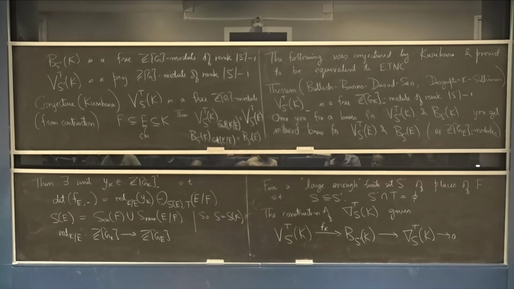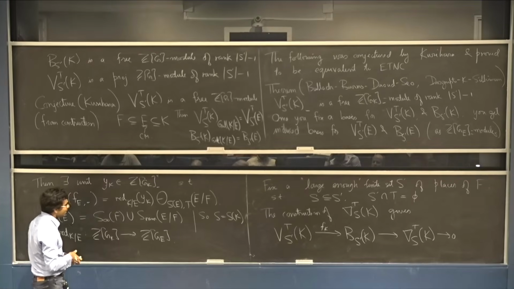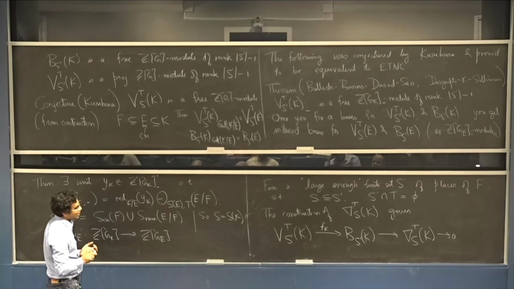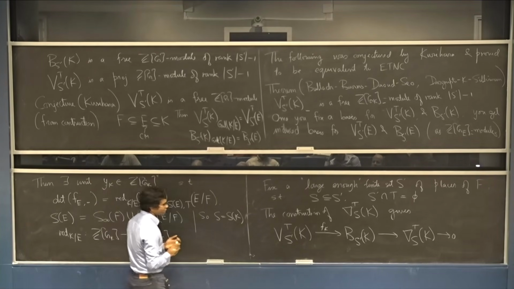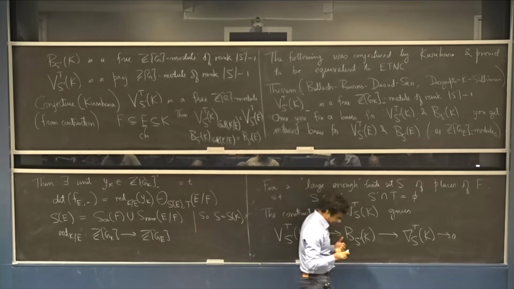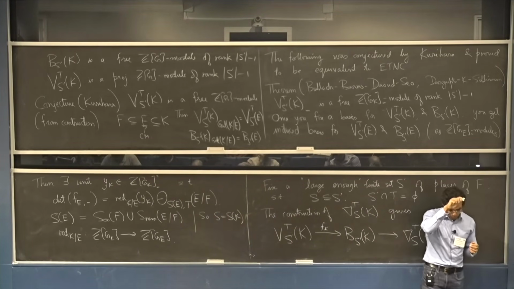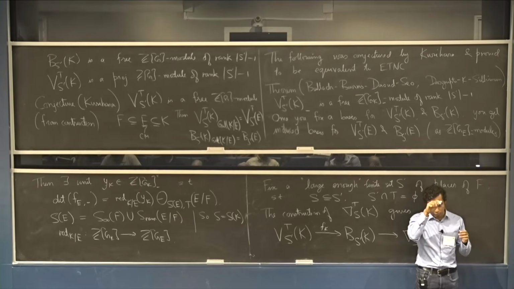So this is equivalent to ETNC for what? The trivial motive over, so I guess the notation would be H^0 of K and Galois group of K over F, and the minus part of that.